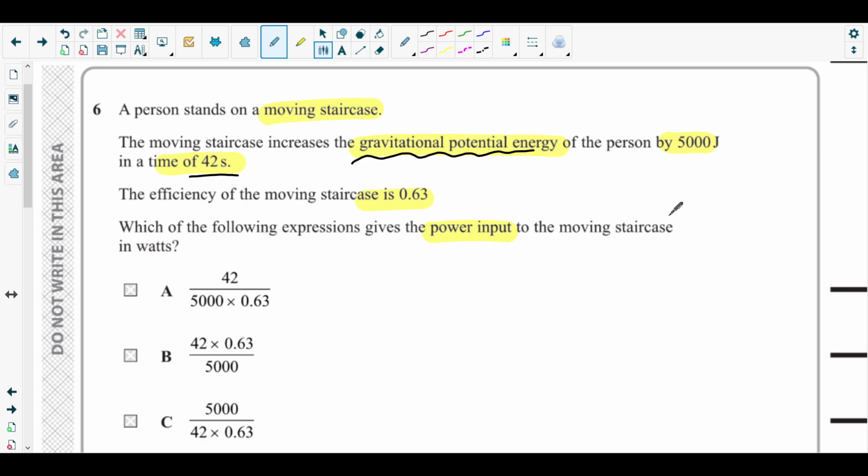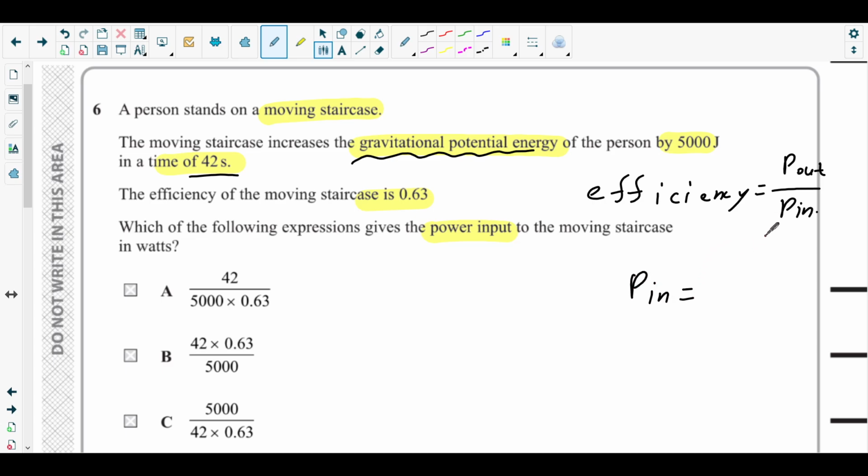So we can say efficiency is given as 0.63. Efficiency is power output over power input, right? So we need to find the power input, so make this the subject.